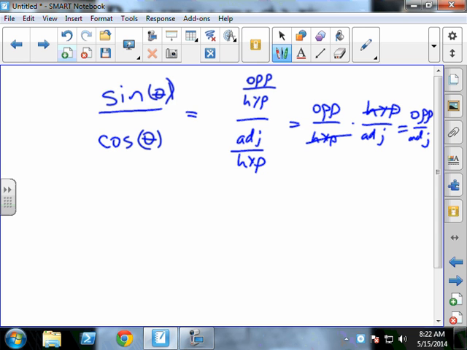What can I say then about the sine divided by the cosine? What's the sine over the cosine really equal to? Thank you, the tangent.